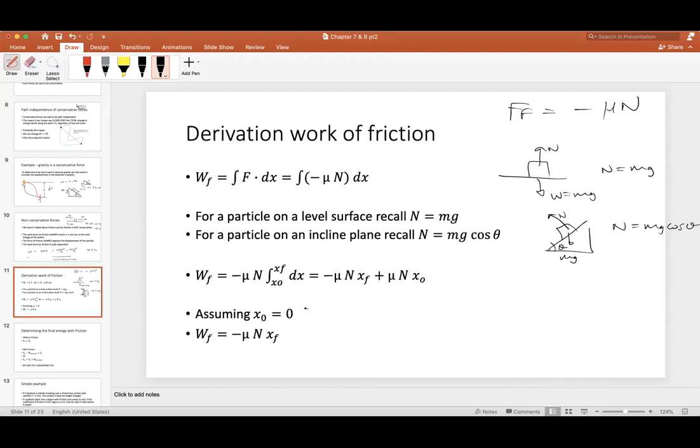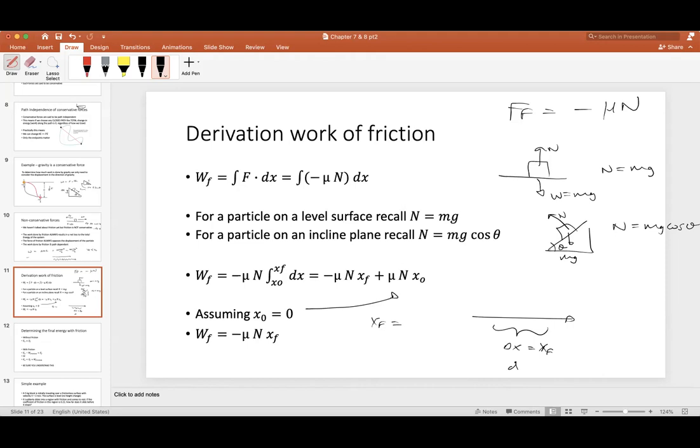We're going to almost every time assume that x initial is 0. In fact, I'm just going to leave this off. When I say x final, what I really mean is the distance that it traveled. I'm calling delta x, x final. Sometimes we'll call this d for the distance it travels, just because we're reserving x for our springs.